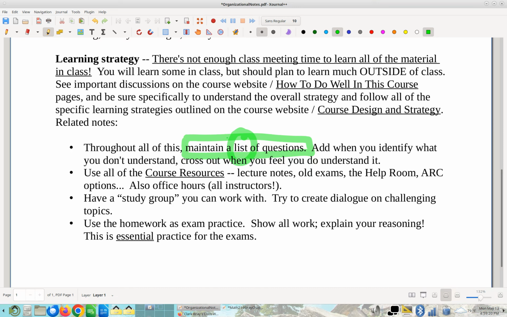And if you have an organized actual list, then when you have an opportunity to ask questions, you know what you want to ask. And then when you're done with a given point, when you feel like you have a question sufficiently answered, then you cross it out. And that helps you keep track and you move on to the next thing. So very low tech, high benefit. So I'm a big fan.